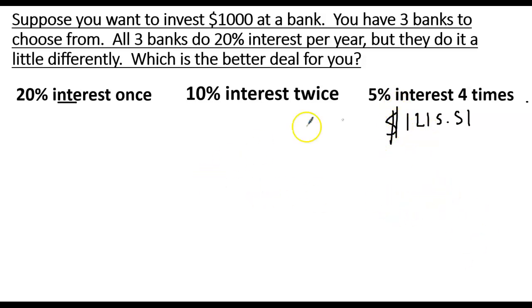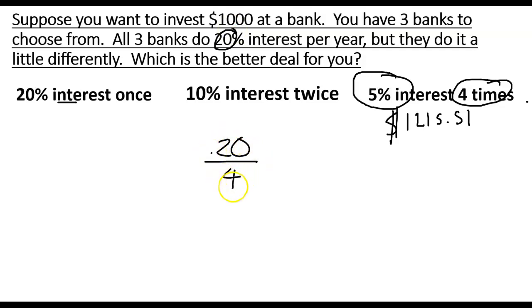Well, basically what we're doing is every time we're taking 5%, and we're doing that 4 times. Now, question 1, where did the 5% come from? Well, it comes from taking your total interest rate, as a decimal, of course, and dividing it by 4. And that's where the 0.05 comes from, right?